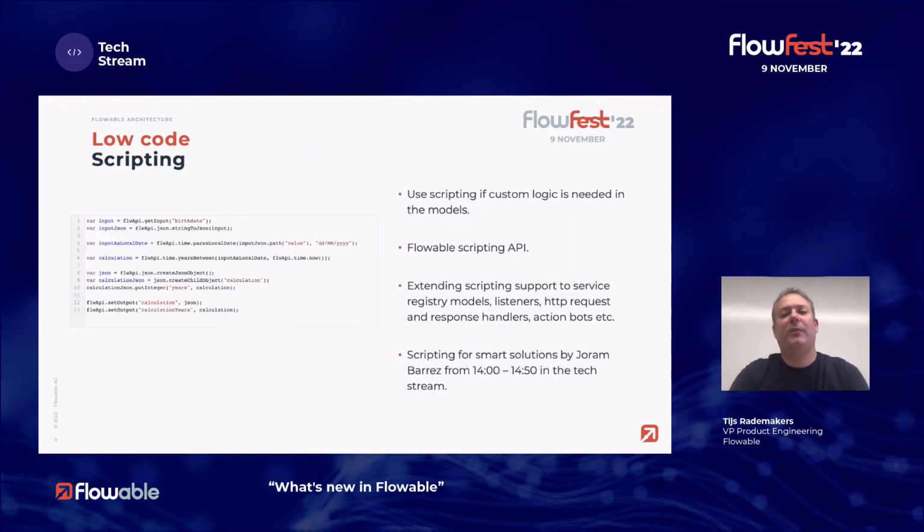And then we are going a bit further with our low-code support with scripting. What we always have been supporting is plugging in your Java logic. For a service task or anything else where you want to use custom logic, you could always use Java with Flowable.